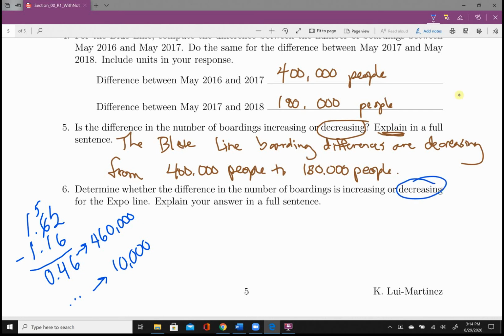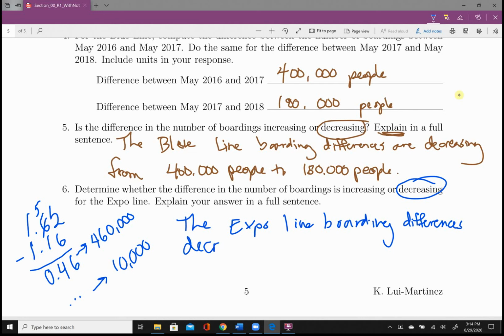And we'll say not by how much, but from what to what, okay? So really you can use the same wording that you used for number 5, only we're talking about the expo line and the numbers are different. So we'll say the expo line boarding differences decreased, or are decreasing, or decreased.